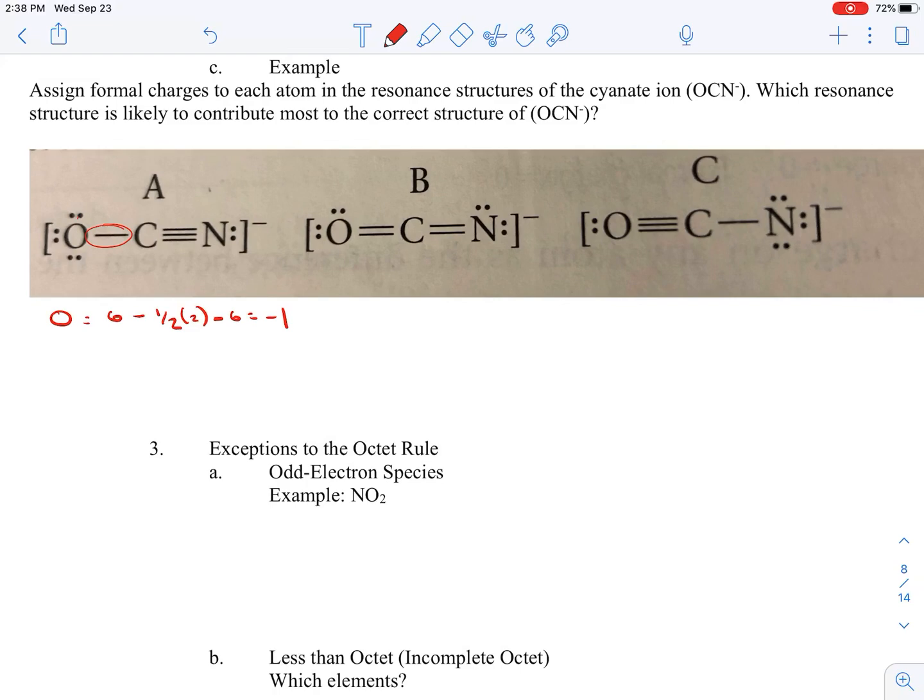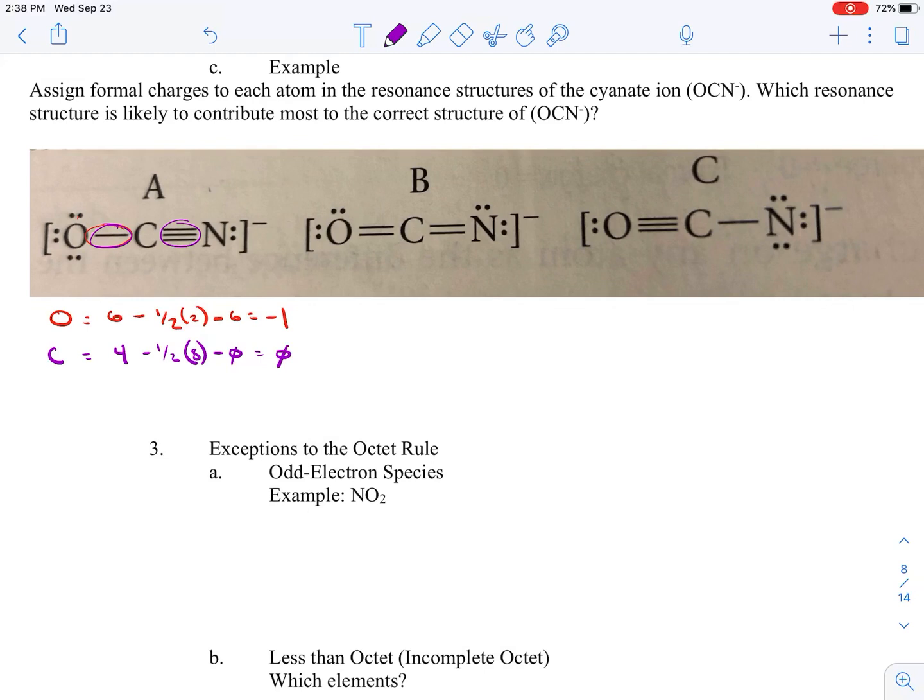Hopefully that makes sense. Let's do the same thing for carbon. Carbon has 4 valence electrons in a neutral atom, and then we take minus 1/2 of the bonding electrons. In this one, there are 8, so 1/2 of 8, and then minus 0, since there are no lone electrons on it. So this gives me 0.